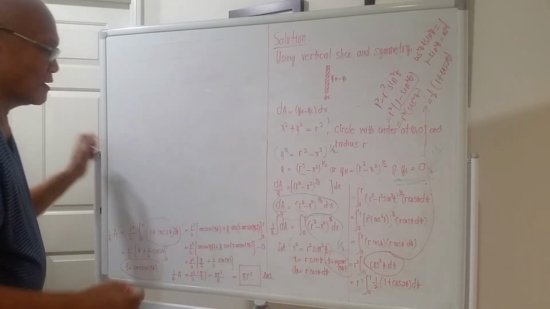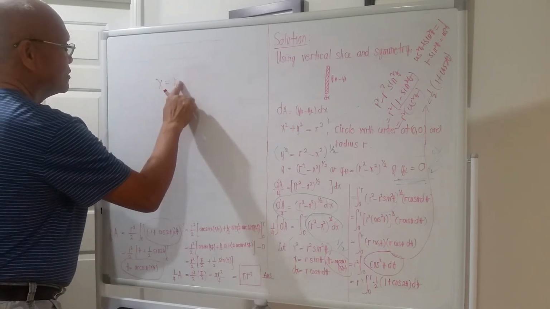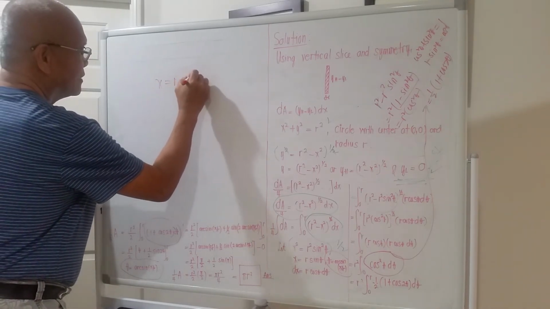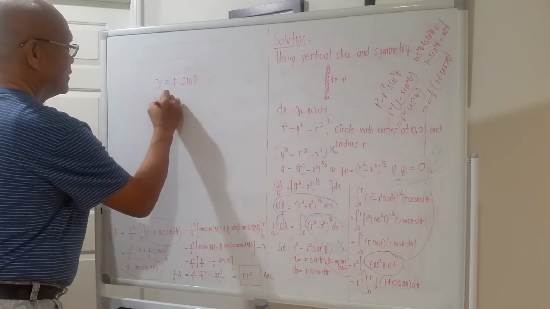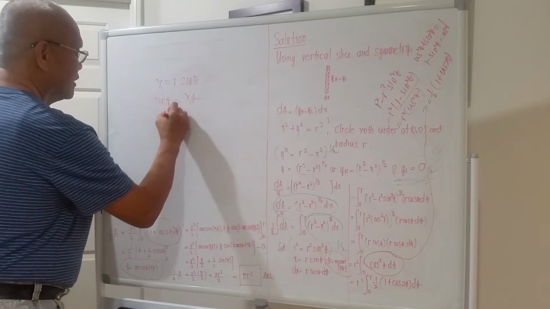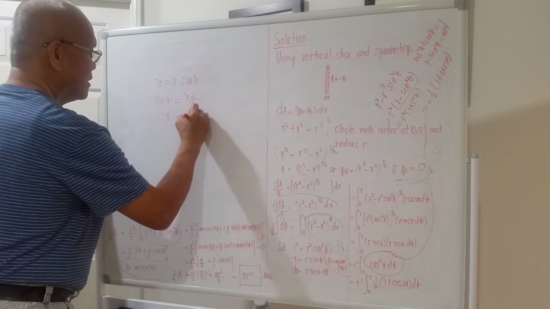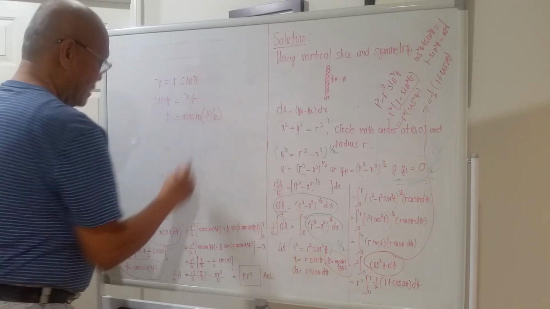Because from the original substitution, x is equal to r sine of theta. Right? Therefore, sine of theta will be equal to x over r. Therefore, theta equal to arcsine of x over r. That's it.